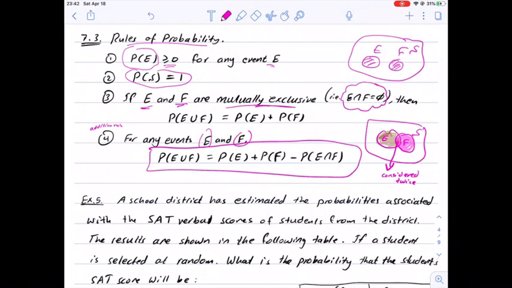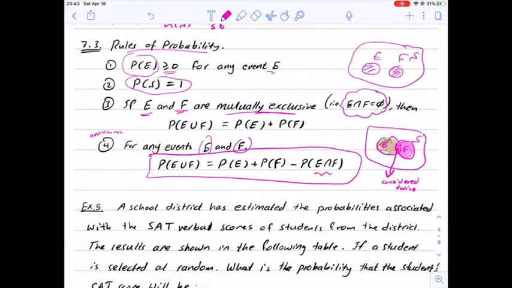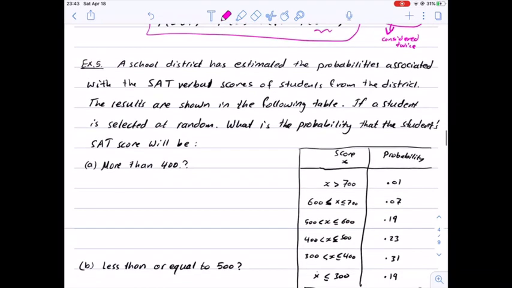So in order to find the probability of the union, we need to subtract one of them, since it was considered twice. That means we subtract one intersection. So the probability of the union in general is the probability of the first plus the probability of the second minus the probability of the intersection of the two events.